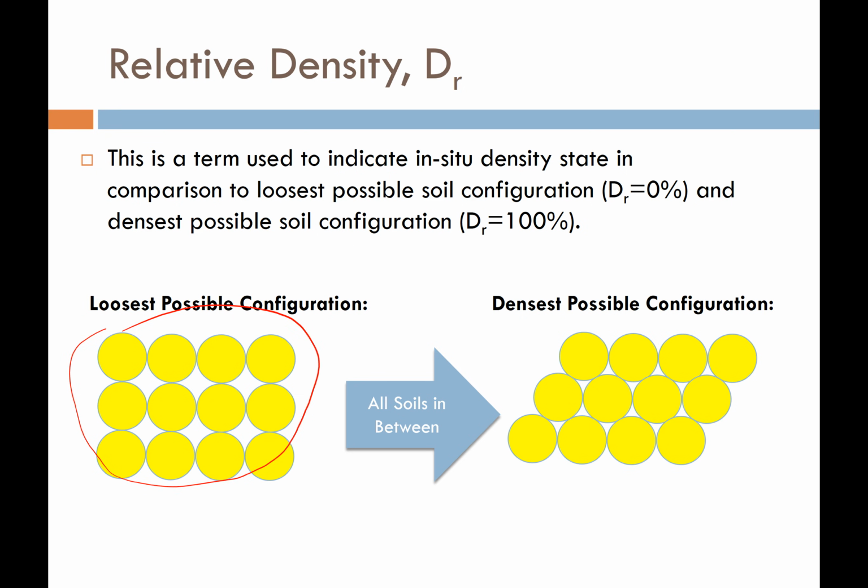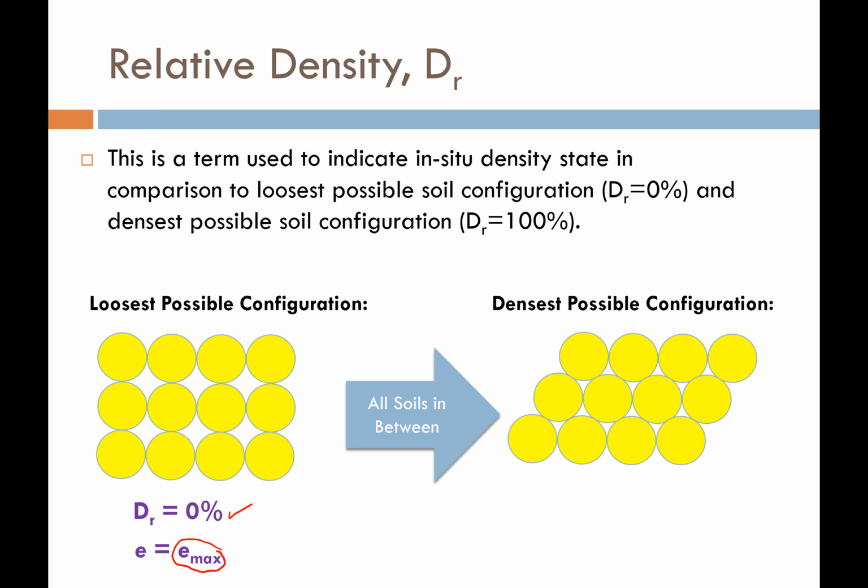Because that's the loosest configuration, we know a couple of things. We know that the void ratio is the maximum void ratio it could possibly be for this soil. Because it's the maximum void ratio, we're going to say the relative density of this soil in this state is 0%. That's the loosest we can make the soil.